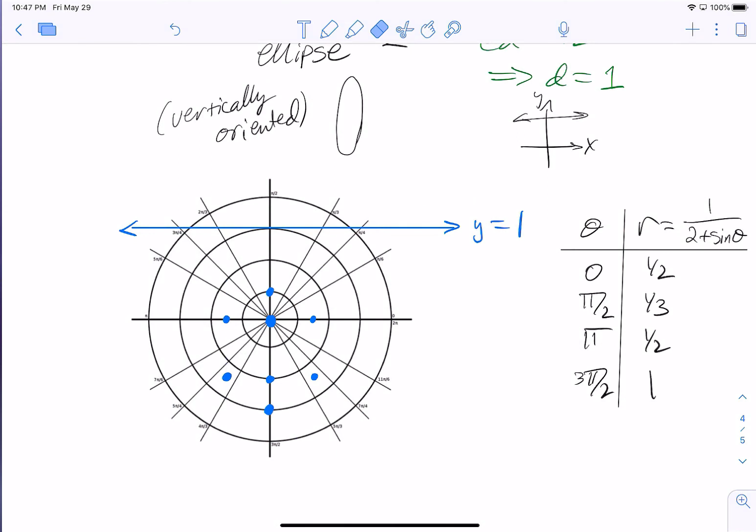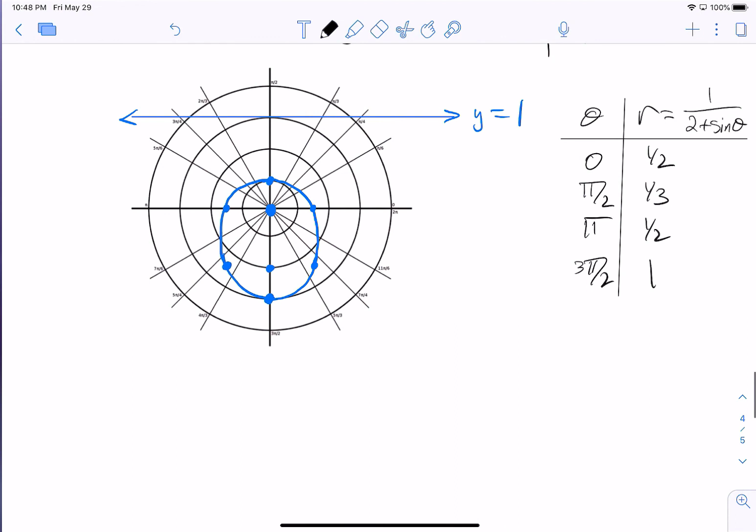I can always put more angles into the equation, but at this point, I think I'm ready to draw something that should be reasonably accurate for this particular ellipse. So connecting the dots that I have, trying to make it curvy and smooth, that's the graph of my ellipse.